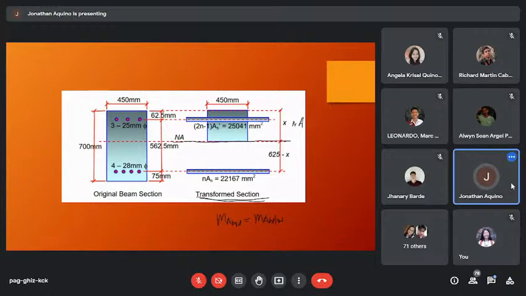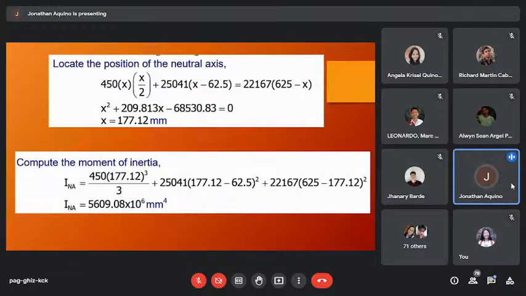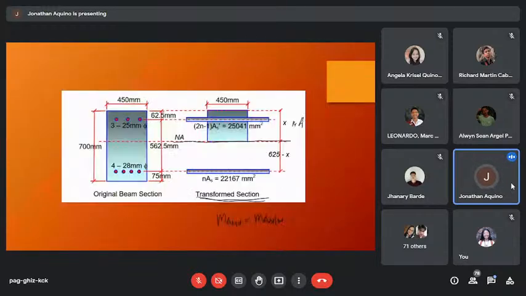From that, we can solve for the value of x to be 177.12 millimeter.